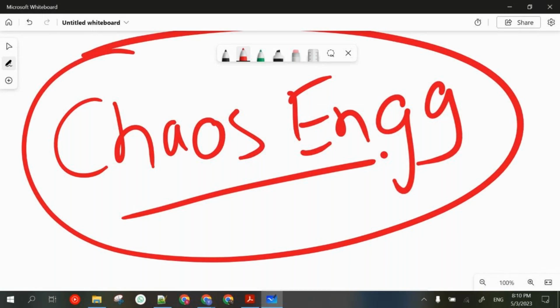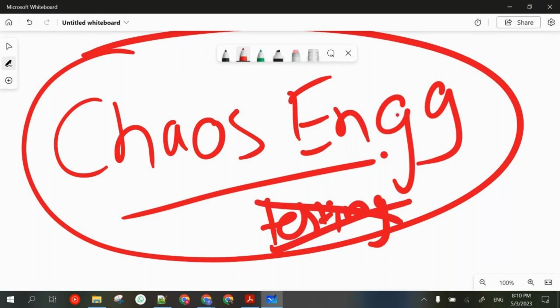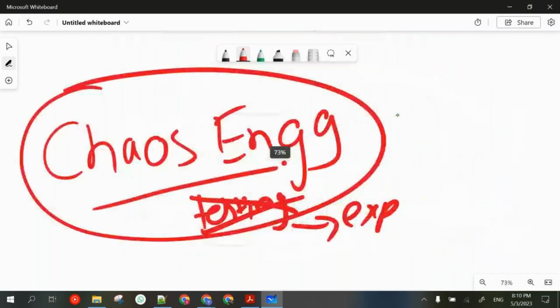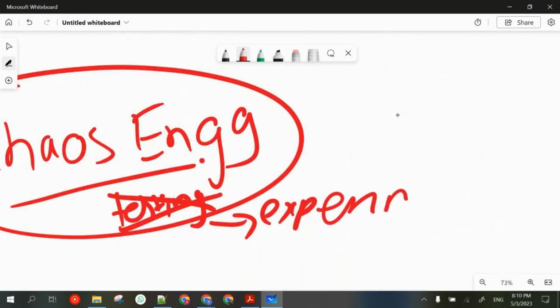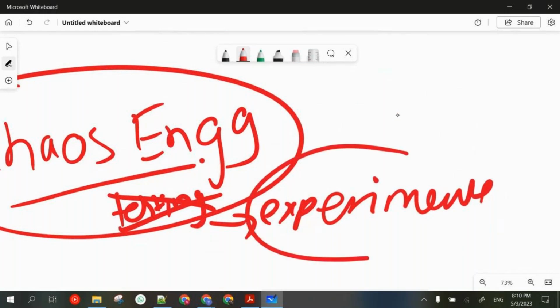Then, how to plan your chaos engineering experiments. Generally in chaos, we will not be using the word testing. Rather than testing, we use the word experiments. So how do we plan the chaos experiments, how do you create your NFRs and all those things?